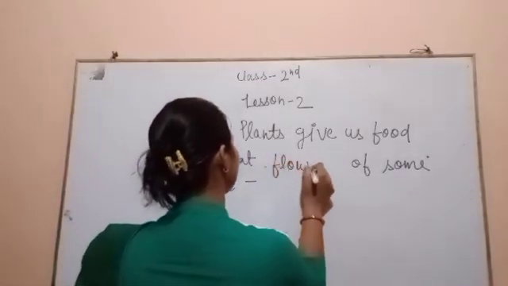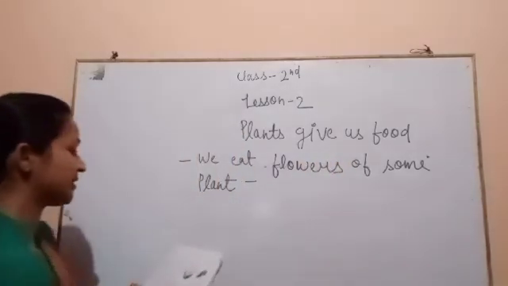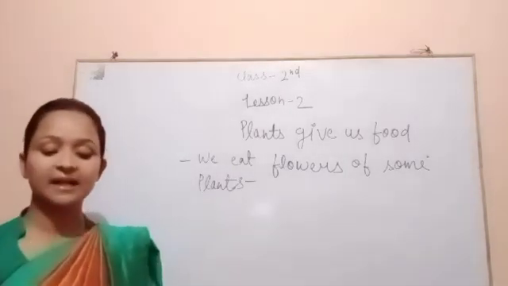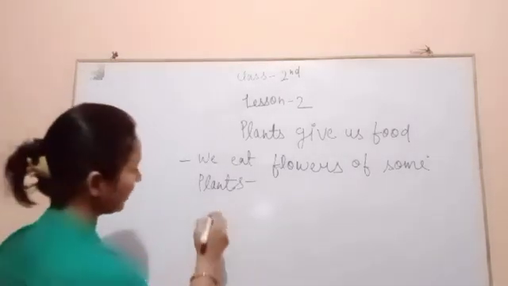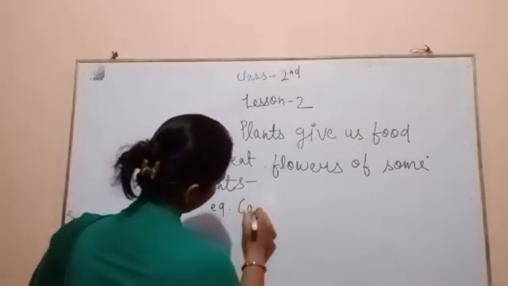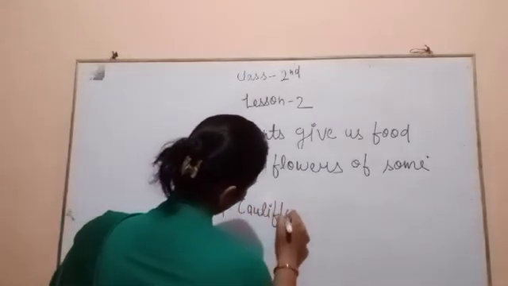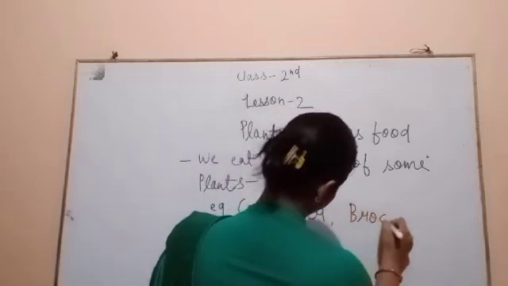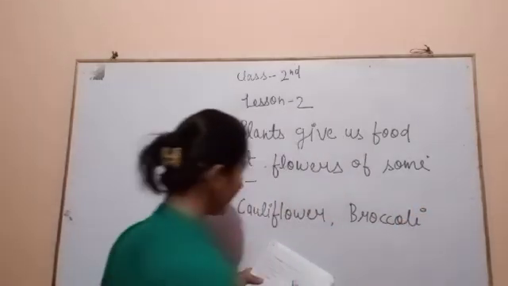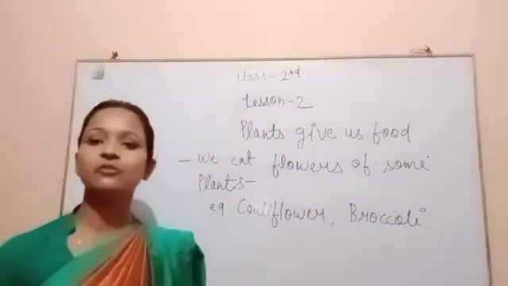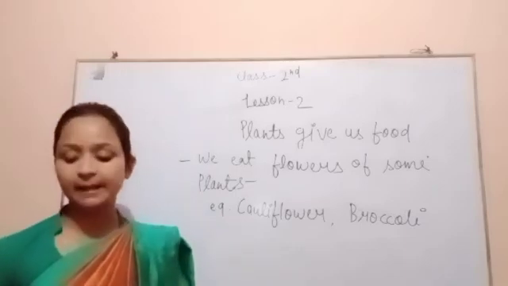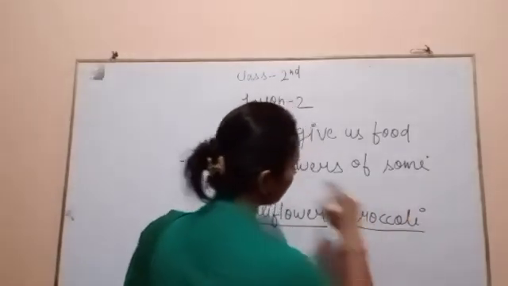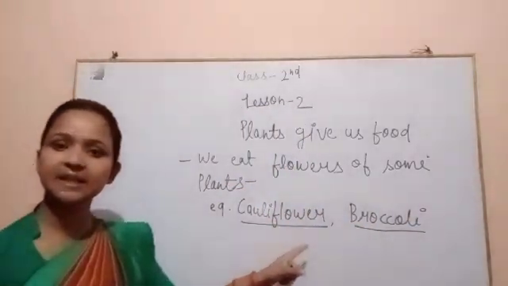Here you can see that cauliflower and broccoli are the edible flowers of plants, and both of them are eaten as vegetables.